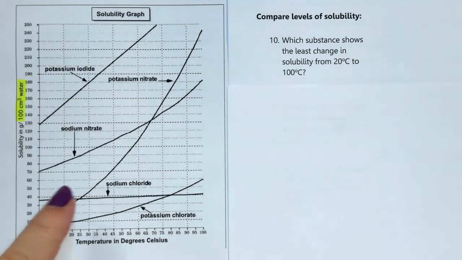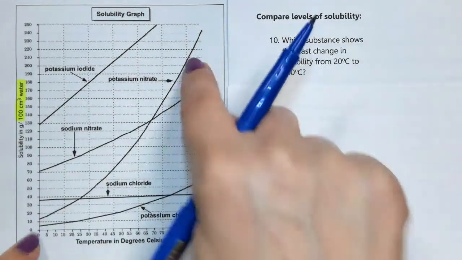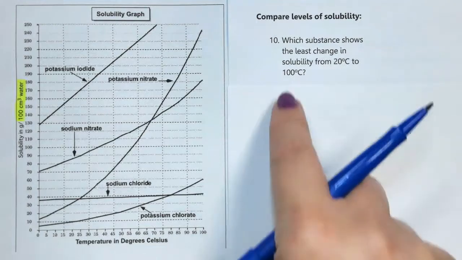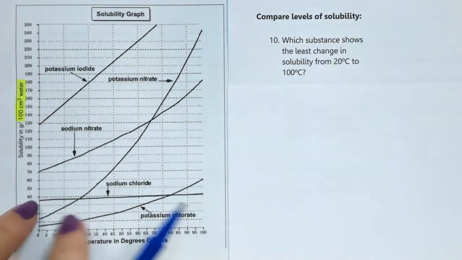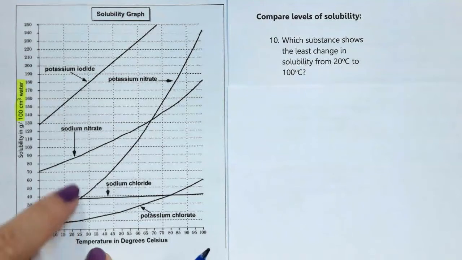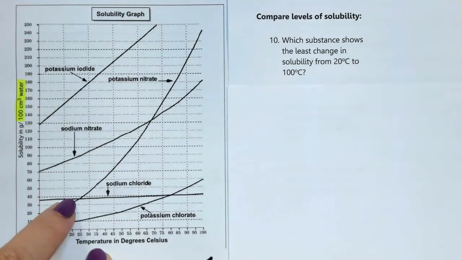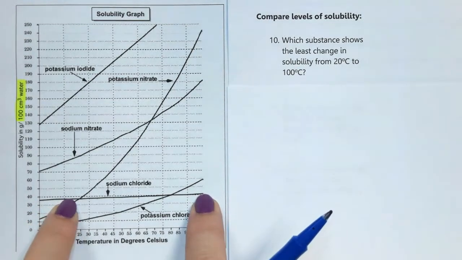So number 10, which of these shows the least change from 20 to 100 degrees? And honestly, you're looking at the thing that has the least difference between how much can dissolve at 20 and how much can dissolve at 100.